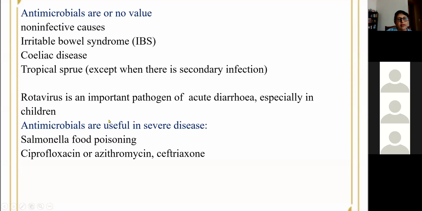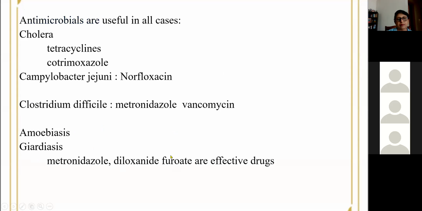Then, where are these antimicrobials useful? They are useful in severe diseases like Salmonella food poisoning. Again, quinolones, ciprofloxacin, or azithromycin, which is a macrolide, or ceftriaxone. Then cholera. In cholera there is severe vomiting and diarrhea, caused by Vibrio cholerae.